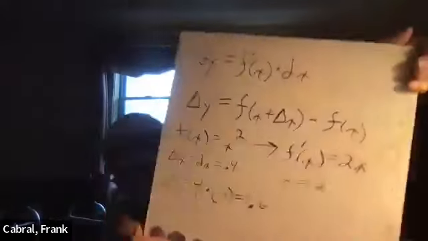So it's f prime of 2, which is 4, times 0.4, which is what I've chosen for dx. And that's going to be equal to 1.6. Okay, so I've chosen x equals 2, which means that f prime of 2 is equal to 4. And I've chosen my dx and my delta x to be 0.4. So I'm getting a value of dy equaling 1.6, okay?